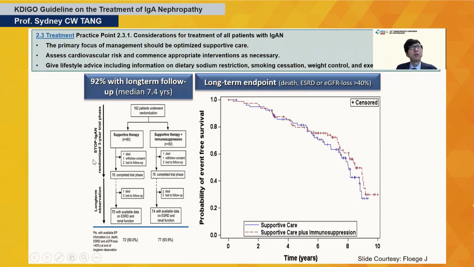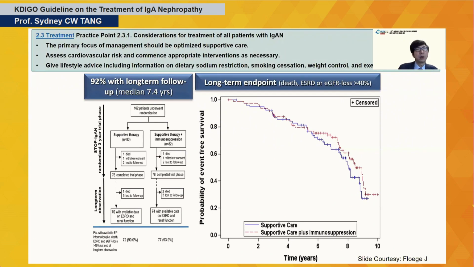Now, the reason for coming up with this optimized control was, of course, data from the STOP-IgAN trial, in which we see that about a third of the patients who were initially eligible for recruitment became ineligible as a result of optimized supportive care.